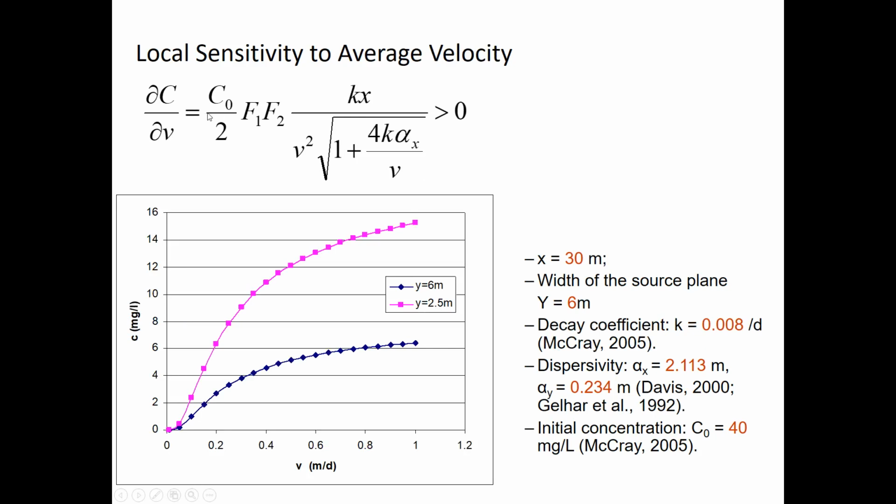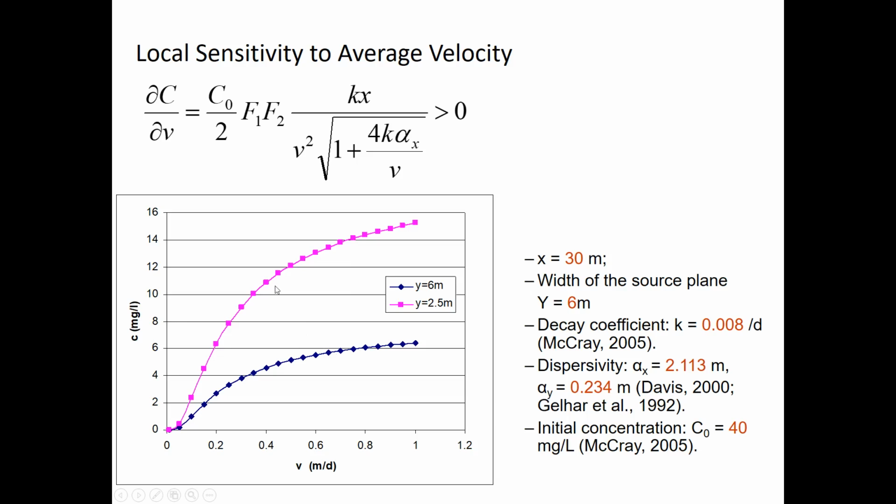And this is for groundwater velocity, and you can tell that if you have a high value for this, again, this is for this point. If you have a high value of velocity, the concentration would be higher. This is near the source, this is far away from the source.